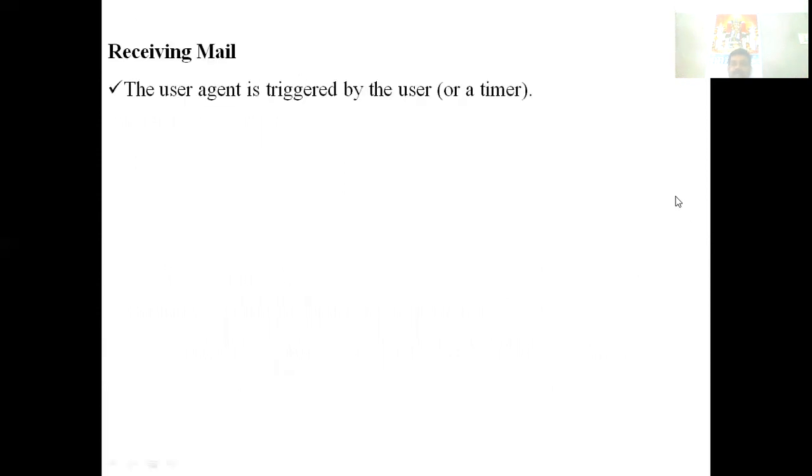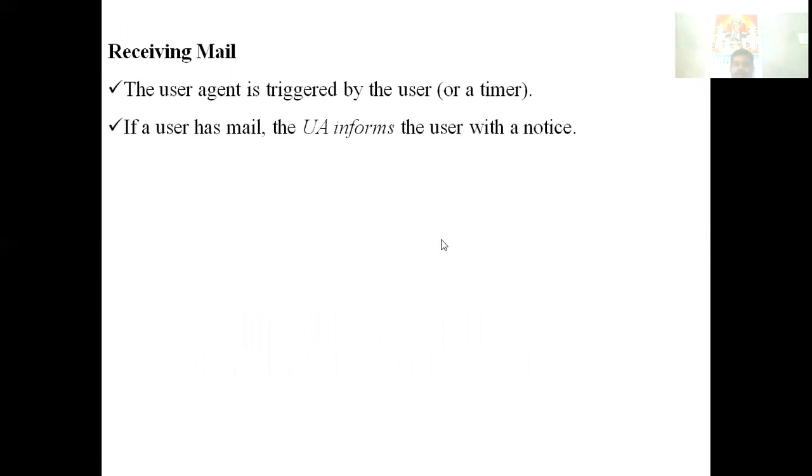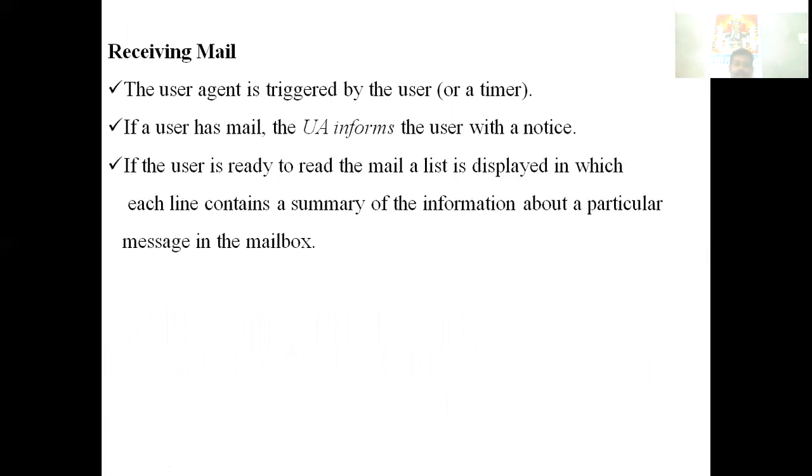Next, receiving a mail. The user agent is triggered by the user to receive the mail. If a user has a mail, the user agent informs the user with a notice, that is, you have received some mail. If the user is ready to read the mail, a list is displayed in which each line contains a summary of information about a particular message in the mailbox.